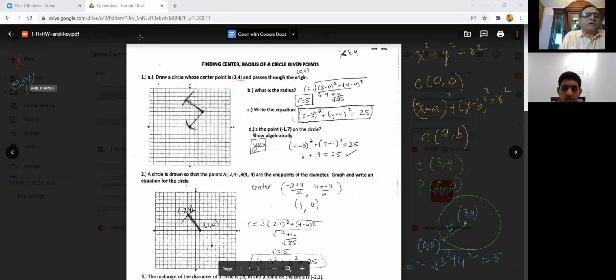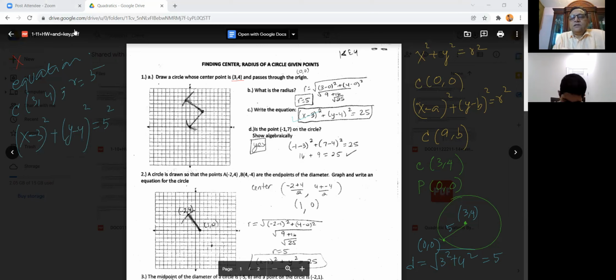We know the center is at 3, 4 and the radius is 5, right? Yeah. And therefore, the equation is x minus 3 whole square plus y minus 4 whole square equals 5 square, which is 25, correct? Yeah. That is the circle equation which you could write in this particular case.